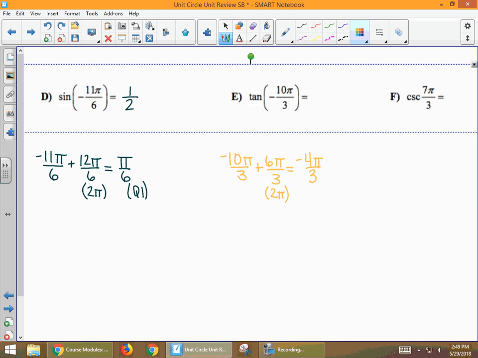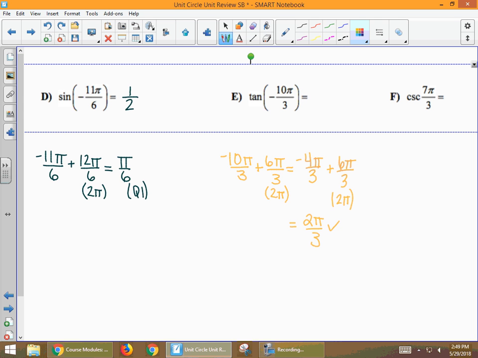If what you did was just undo one negative rotation, undo it some more. So I'm going to add 2 pi again, and 2 pi in thirds is 6 pi over 3. Negative 4 pi over 3 plus 6 pi over 3 gets us to 2 pi over 3, and that is between 0 and 2 pi. That is an angle we can work with.